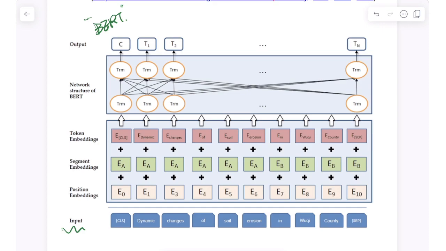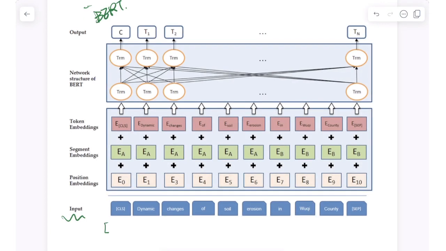Okay, so right here we can see CLS. CLS stands for class. Although it was used for classification, sometimes we use this special token as the first, beginning word of a sentence.